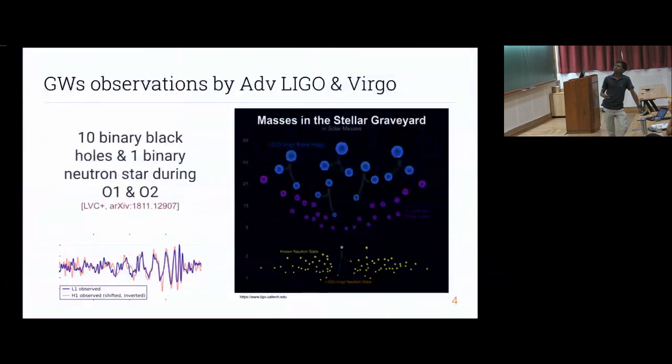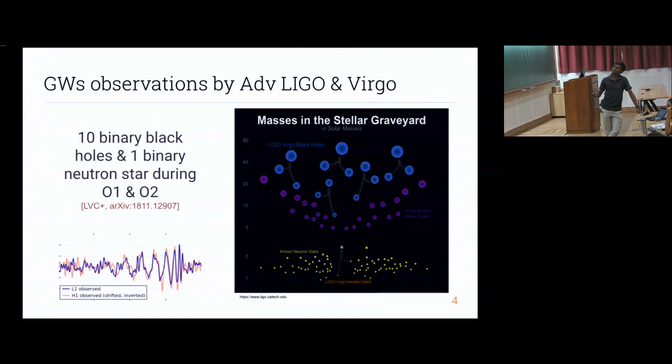So what have we seen so far? LIGO and Virgo have seen at least 10 binary black hole mergers and 1 binary neutron star merger in their O1 and O2 runs. Now the O3 run is going on, so we are expecting more events in the coming months.